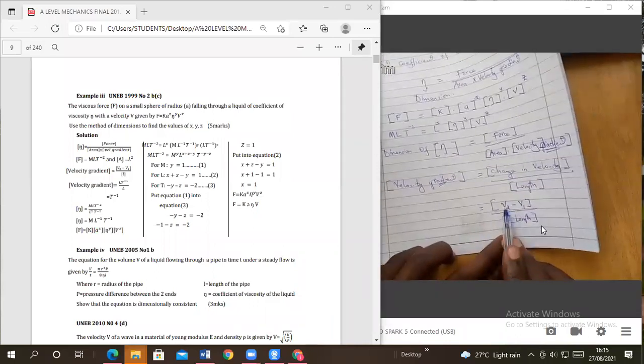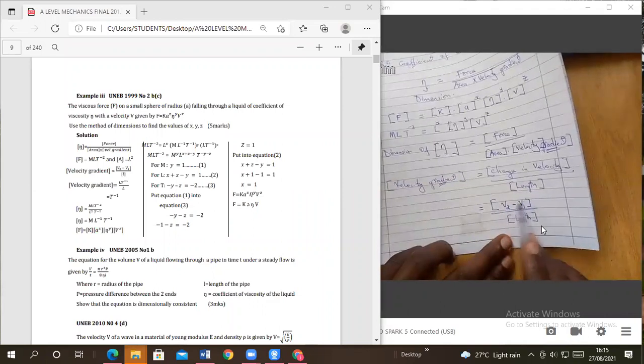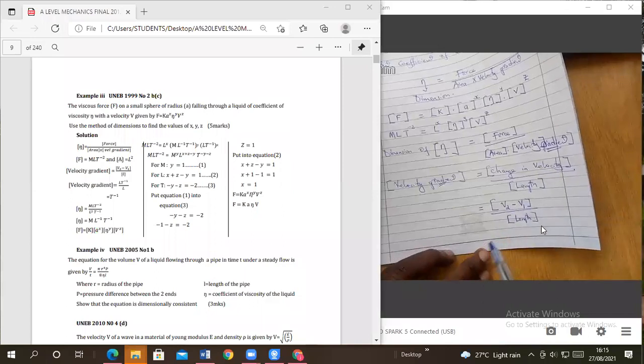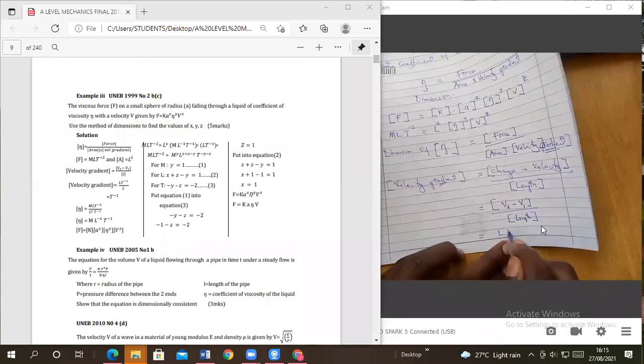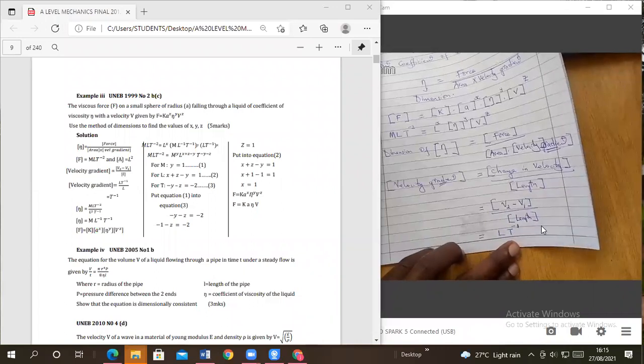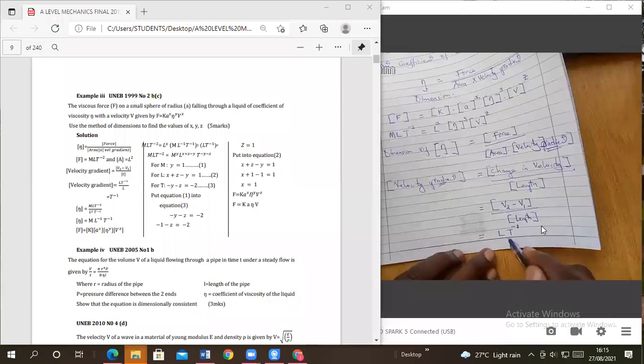But this is change in velocity. When you're subtracting something, what you get is still velocity. So we write the dimension of velocity, which is L T to the power negative 1.